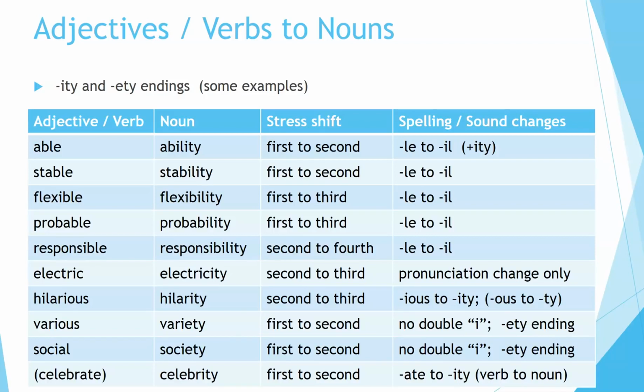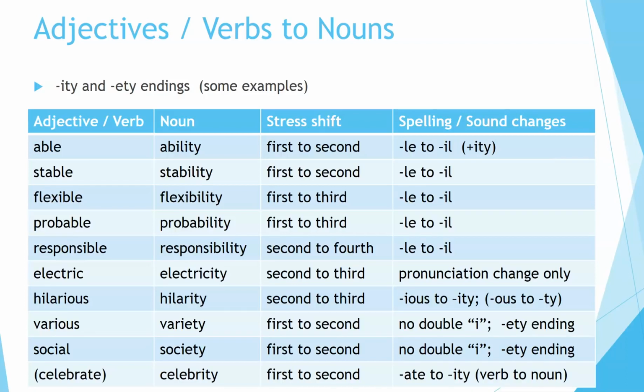Again, the spelling change is LE to IL. Do you notice a pattern here? The syllable right before the ity ending is stressed. Ability, stability, flexibility, probability, responsibility.